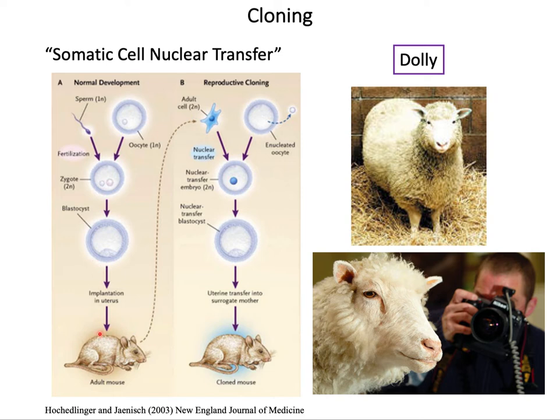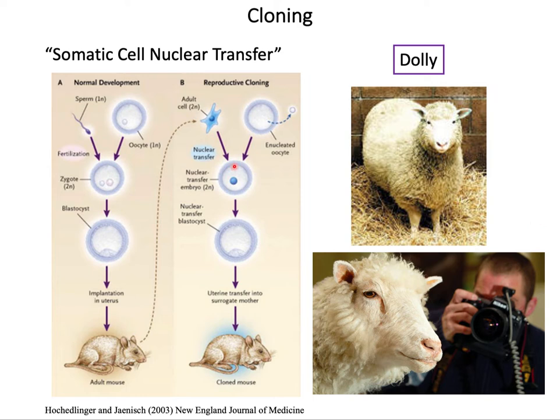So here is how somatic cell nuclear transfer happens. You take an egg cell and you remove the nucleus, or you enucleate that cell. So now you have an egg cell that does not have the nucleus. Then you take a donor cell, remove the nucleus from that adult cell, and insert it into the egg.